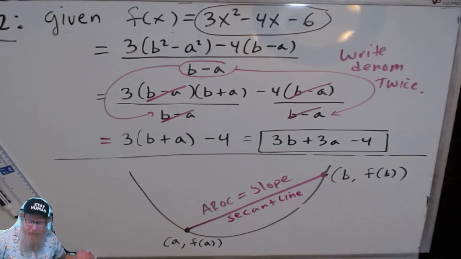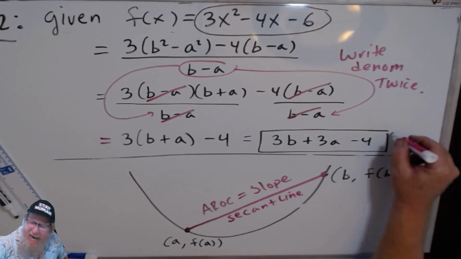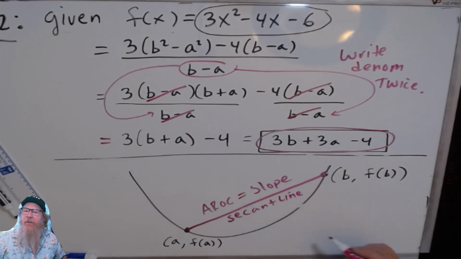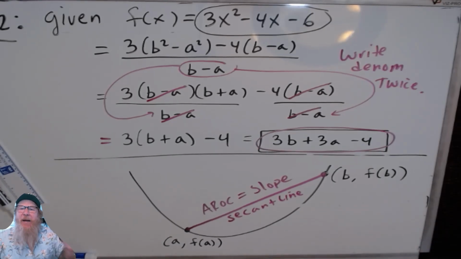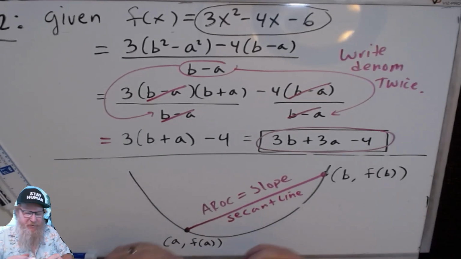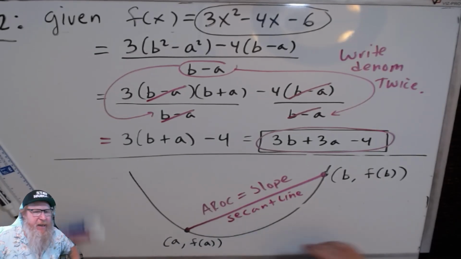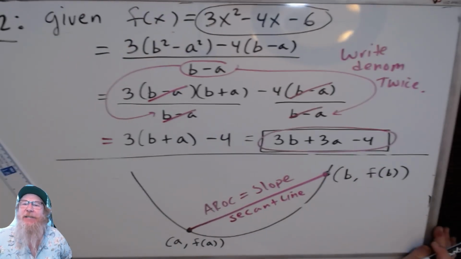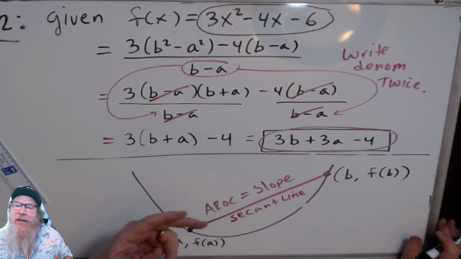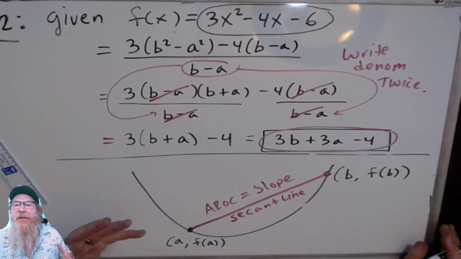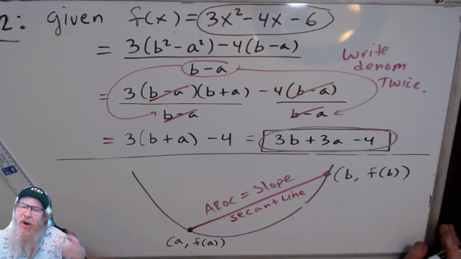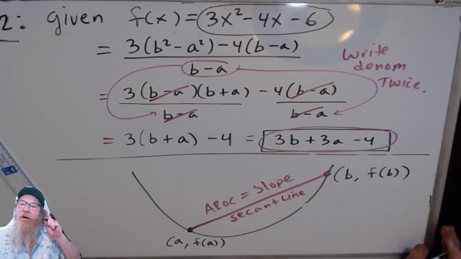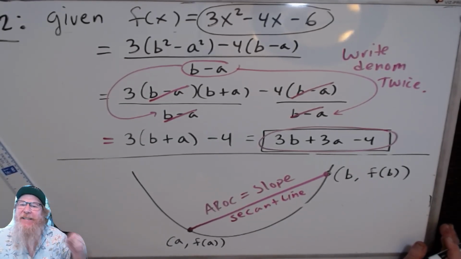Well, now I have the slope right here. It's 3b plus 3a minus 4. So think about it, had I done this first, and this is the story of my approach to teaching, I don't want to tell you it before you see the details. I want you to see the hard way first, and then you go, oh, that's exactly what we were just doing with the last problem.